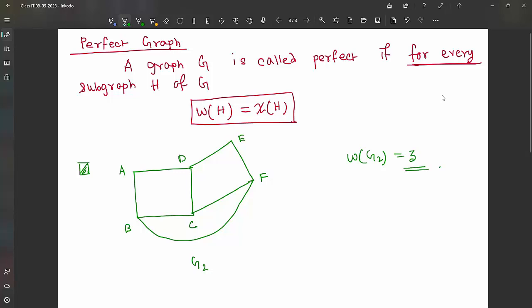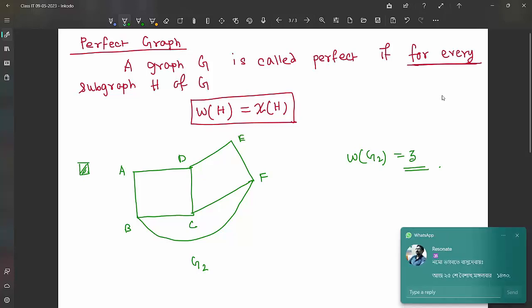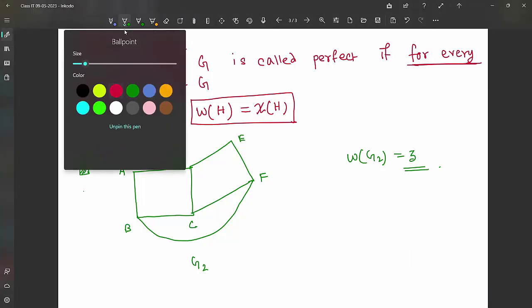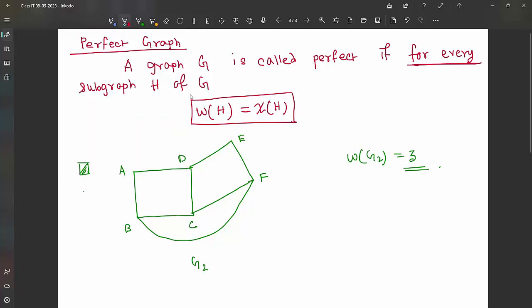Now, what is the chromatic number of this graph? G2 is also a subgraph of G2. We have to check it for every subgraph, and we start from G2. Now suppose we need the chromatic number, so start coloring the graph. How to color the graph? First just assign color 1 to A. After that, B and D are adjacent to A, so give color 2 to both B and D, because B and D are not adjacent to each other.